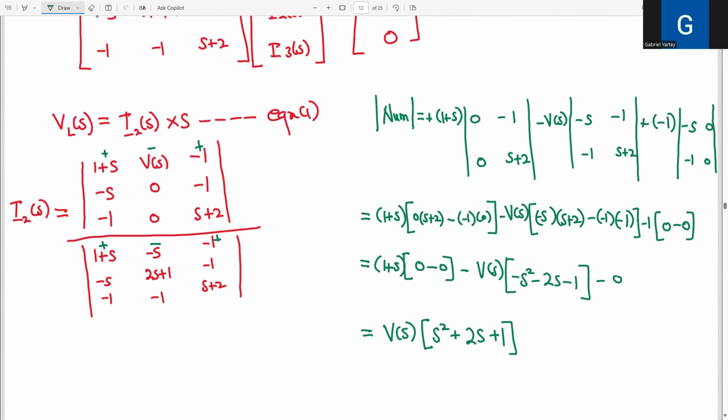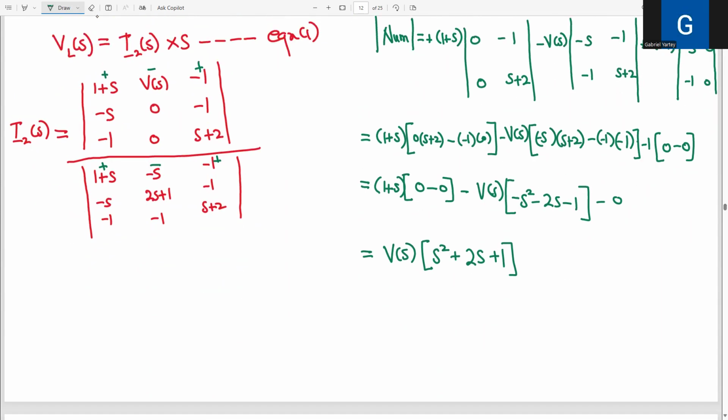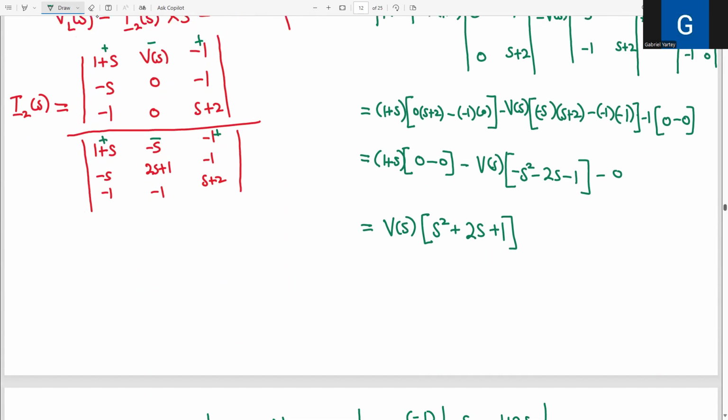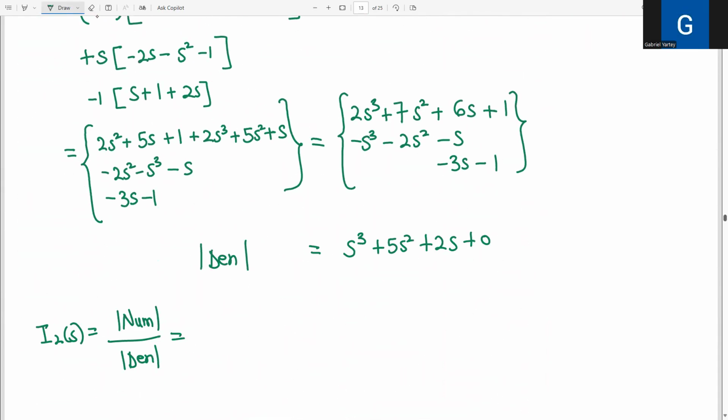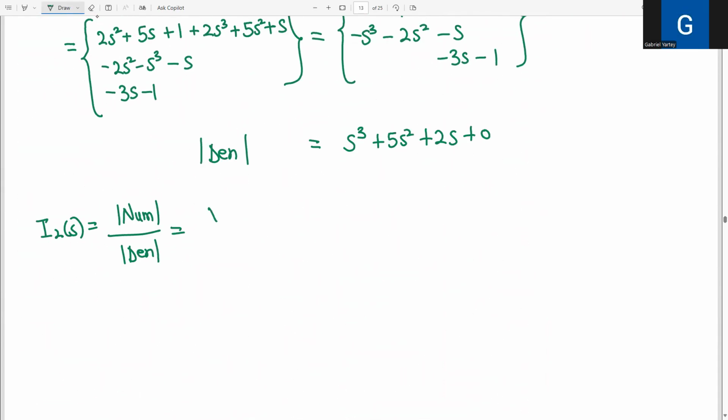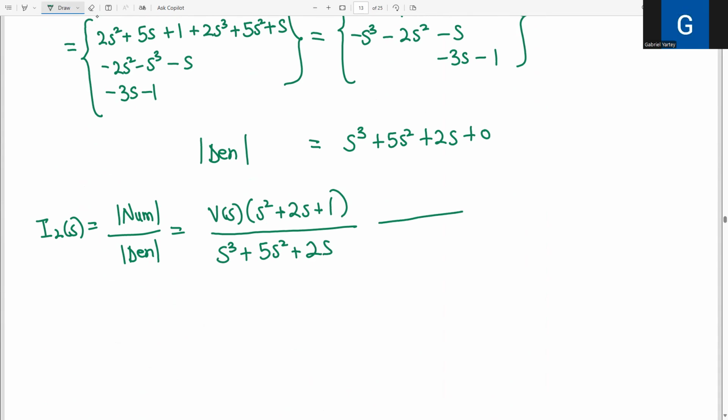So it's V of s squared plus 2s plus 1, over s cubed plus 5s squared plus 2s. But that's not it. So this one becomes my equation 2.